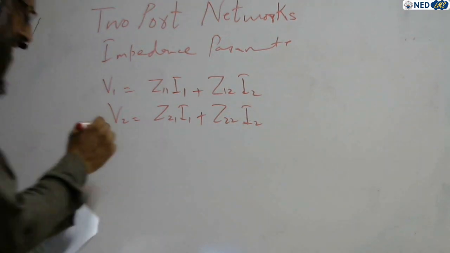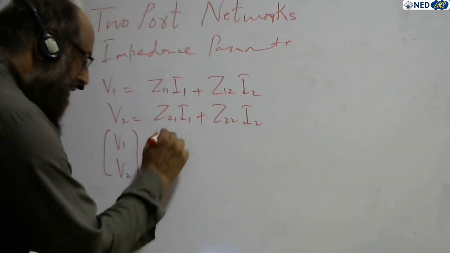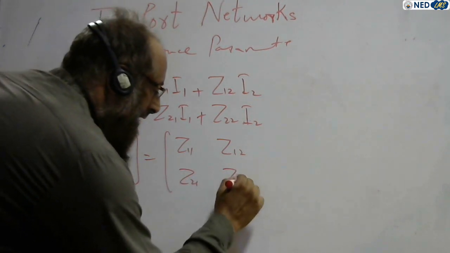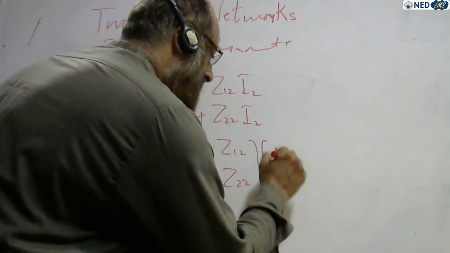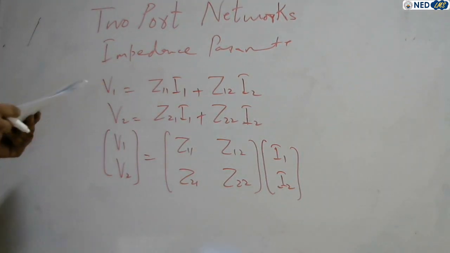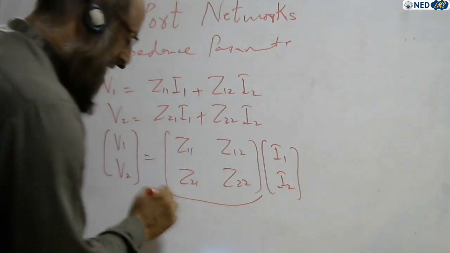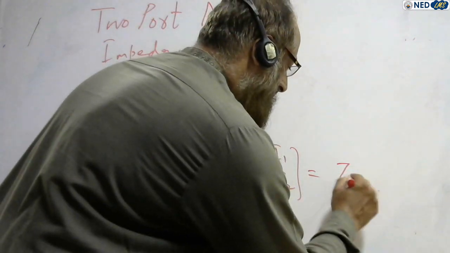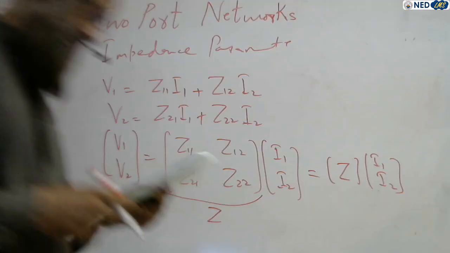Or we can formalize them in matrix form: V1, V2 equals the matrix Z11 Z12 Z21 Z22 times the currents I1, I2. If this whole matrix is Z, then we may write V equals Z times I.